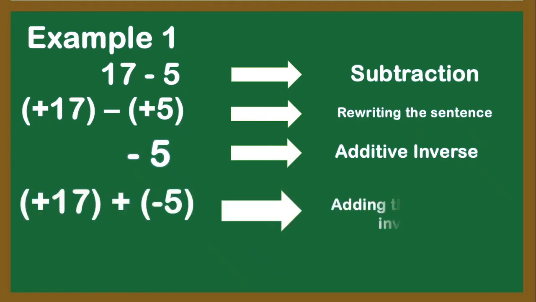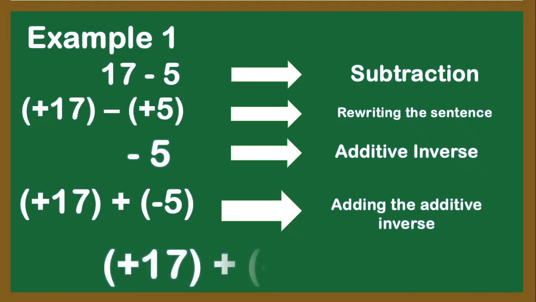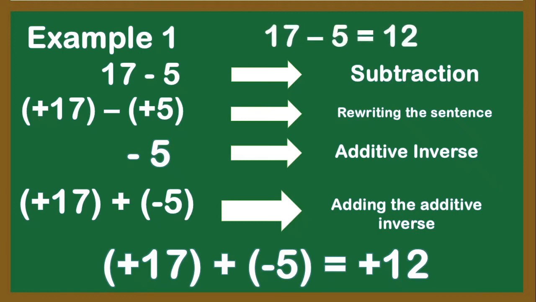Then adding the additive inverse, we have positive 17 plus negative 5. Applying the rules of addition of integers, positive 17 plus negative 5 equals positive 12. That is, 17 minus 5 equals 12.